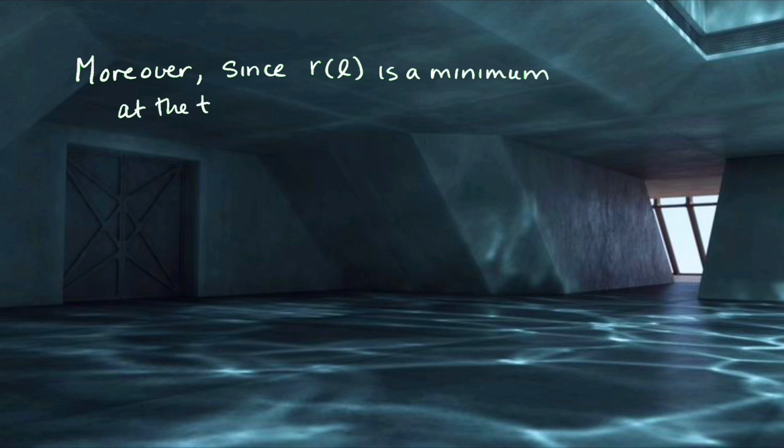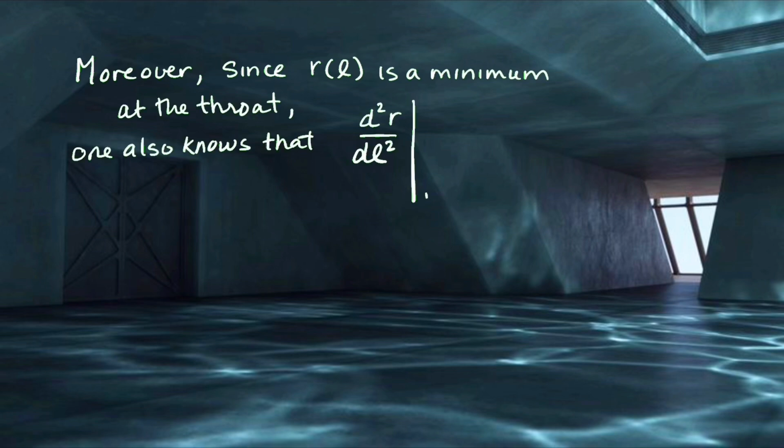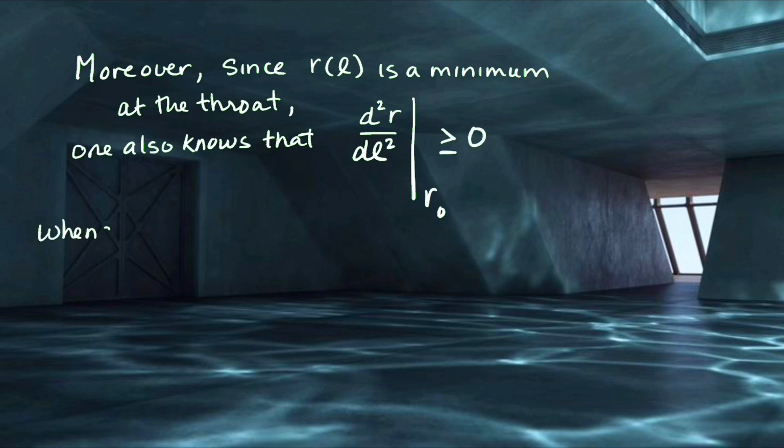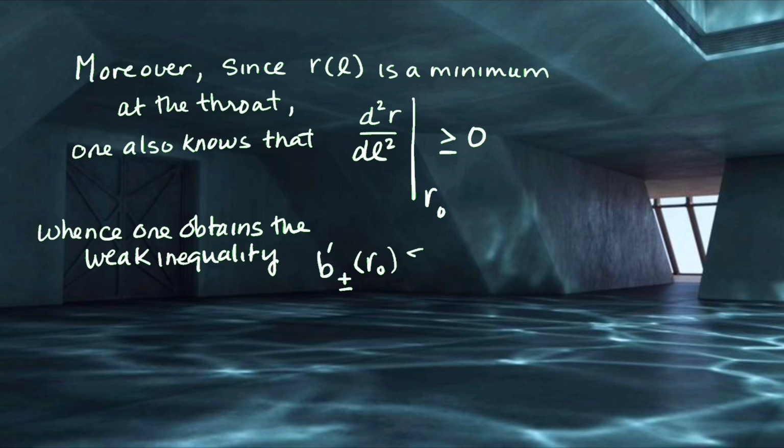Moreover, r of L is a minimum at the throat, and also, as one knows, dr dl evaluated at the throat is greater than or equal to 0, whence one obtains this weak inequality that b prime at the throat is less than or equal to 1.